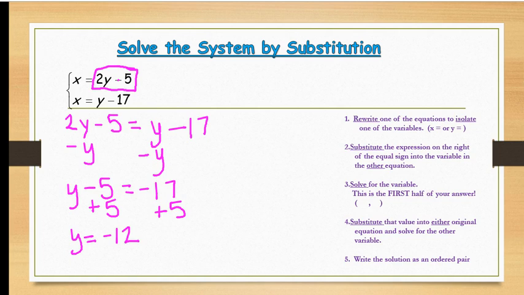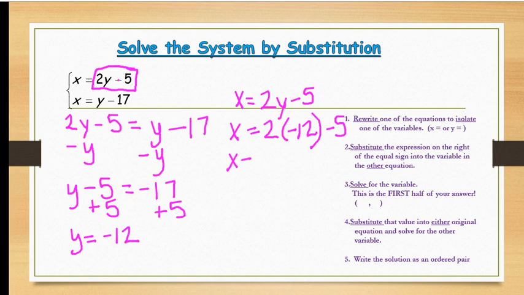Now that I know what y is, I can plug it in for either original equation. If we use the top one, x equals 2y minus 5, I'll plug negative 12 in for y, so I'll have 2 times negative 12 minus 5.